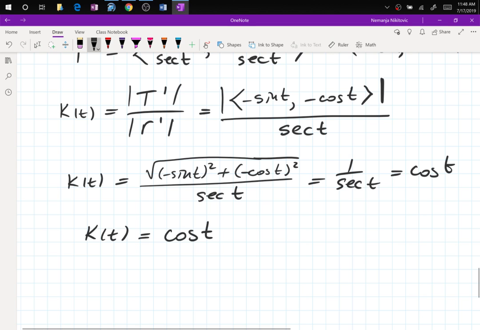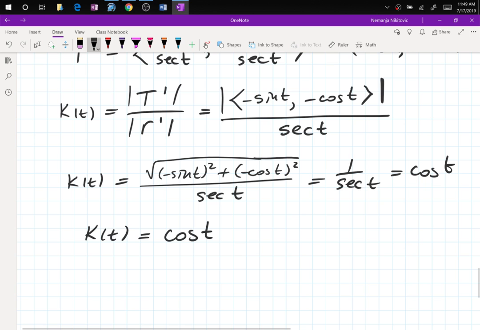Now, at exams, I see a lot of times students forget to compute the curvature at the point because you focus too much on this calculation and then you forget to go back and check if the problem asked for a specific curvature.